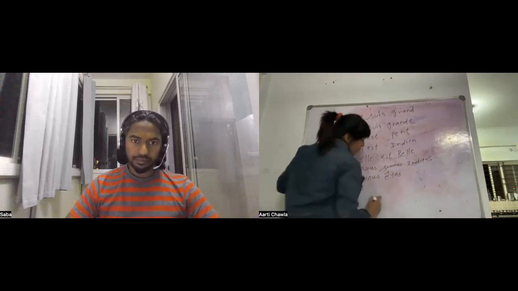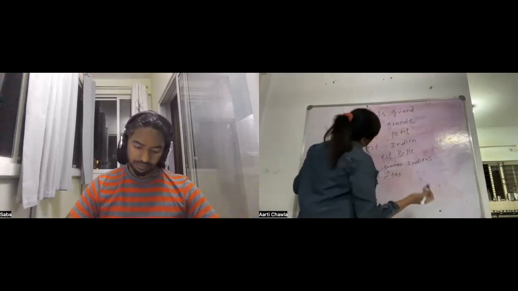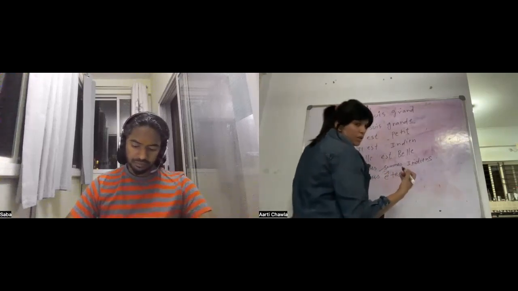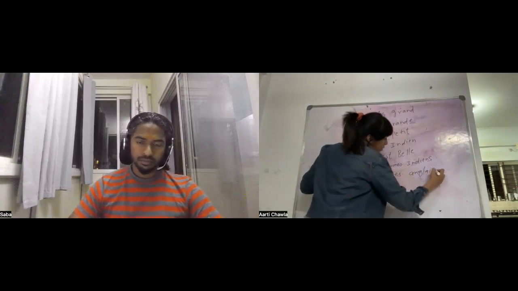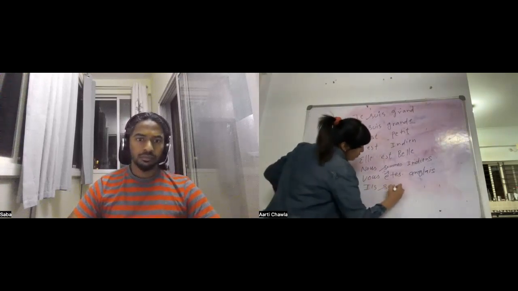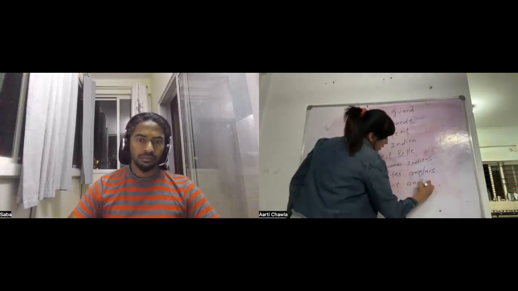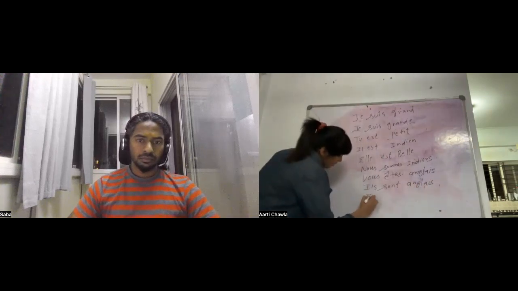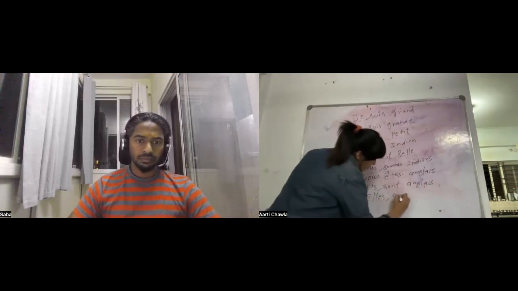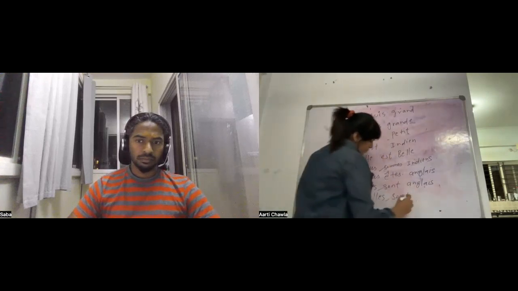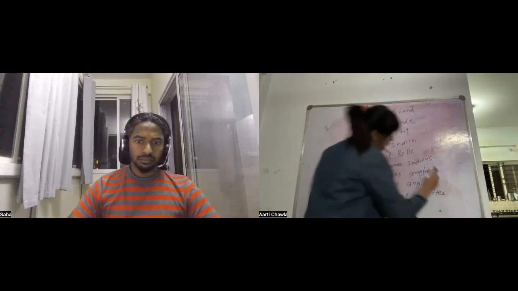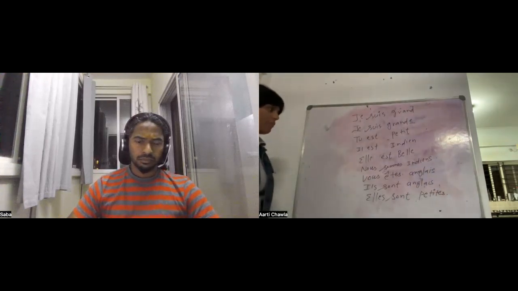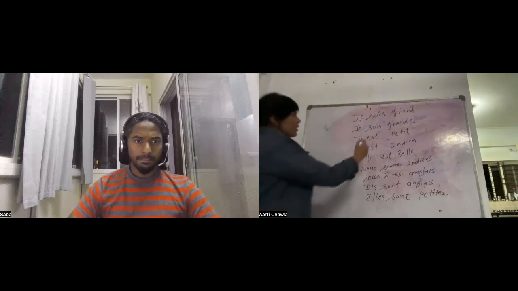Vous êtes anglais. You are English. Ils sont anglais. They are English. Elles sont petites. They are small. So these are the examples with the verb.